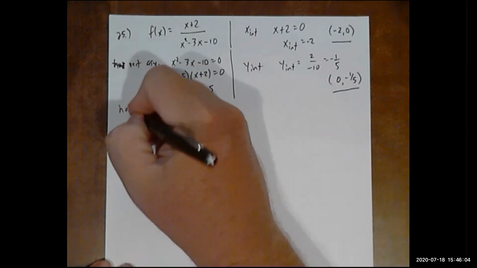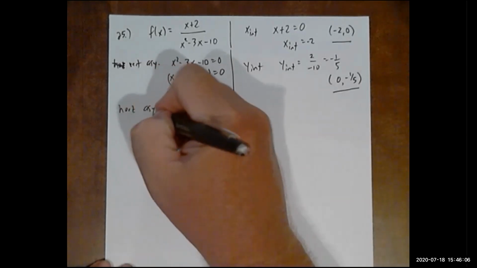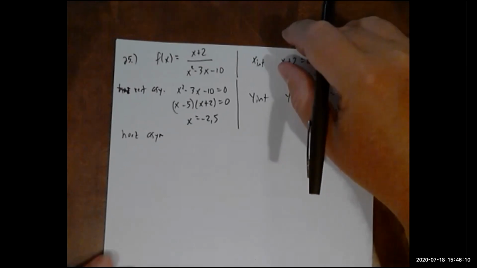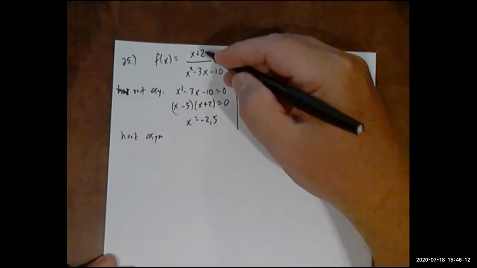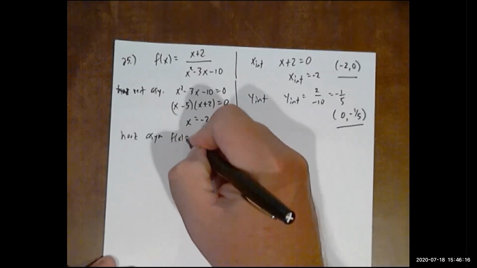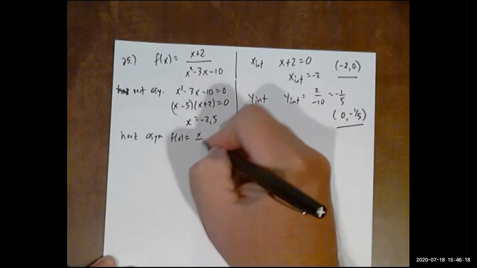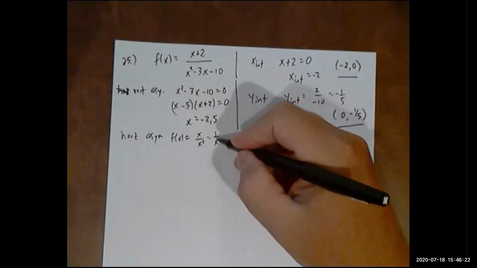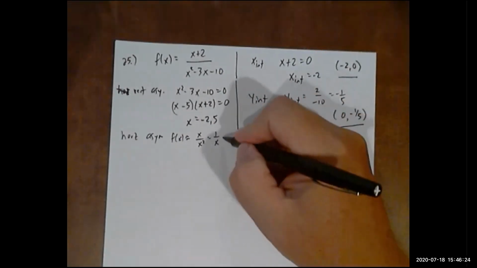Horizontal asymptote. You just look at the leading terms. X over x squared, which is 1 over x. What happens to this as x gets very large?